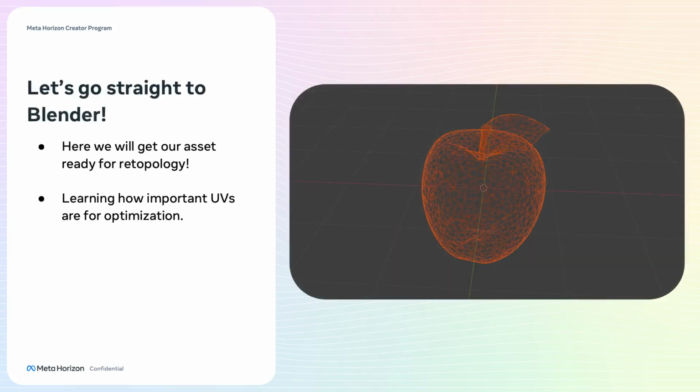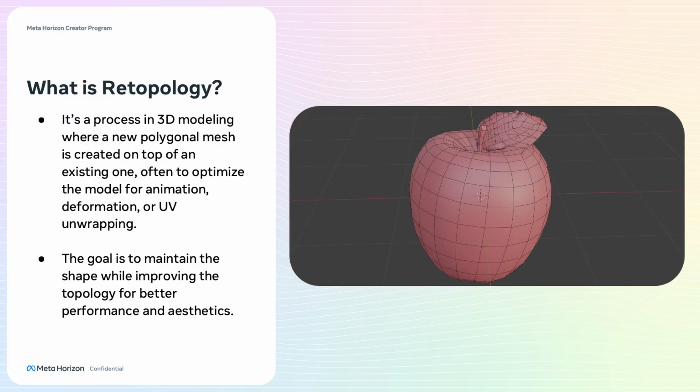Let's take that AI generated asset and bring it into Blender, and let's take a look at the topology. Afterwards, we're going to go straight to retopologizing and UVing our asset. What is retopology? It's a process in 3D modeling where new polygonal mesh is created on top of an existing one, often to optimize the model for animation, deformation, or UV unwrapping. The goal is to maintain the shape while improving the topology for better performance and aesthetics.